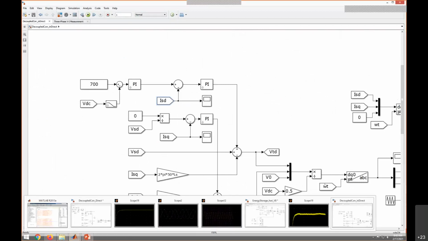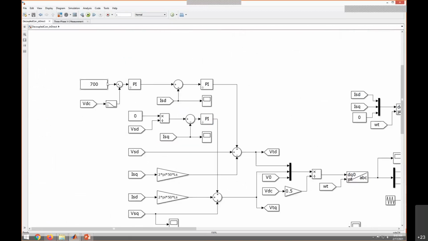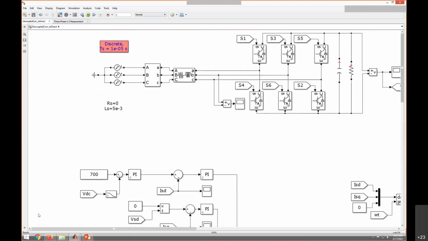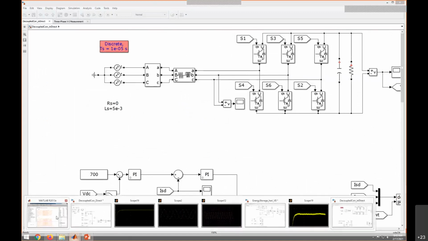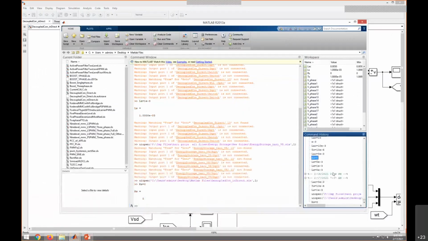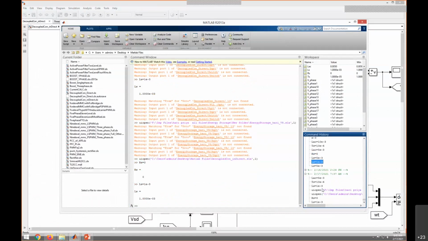Right. So here I assume some resistance is also there, but I made it 0. So let us input that. RS is 0. LS maybe you can keep 1 or 3 microsecond prelim.